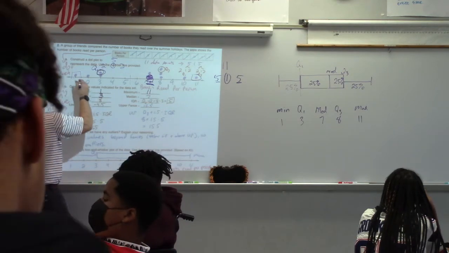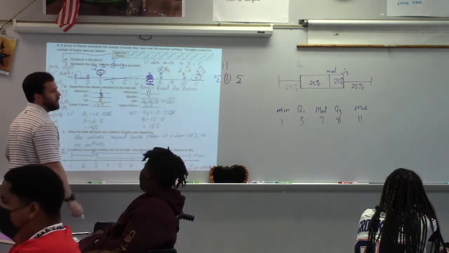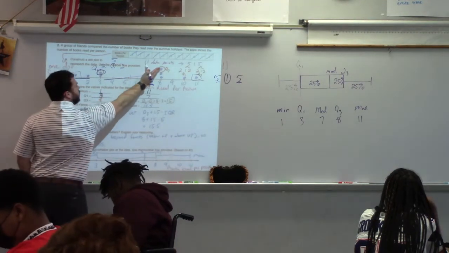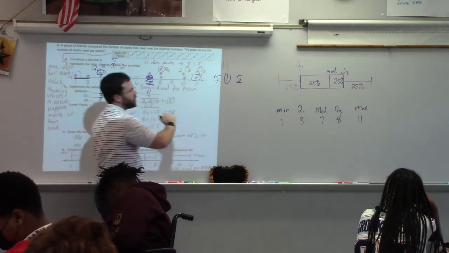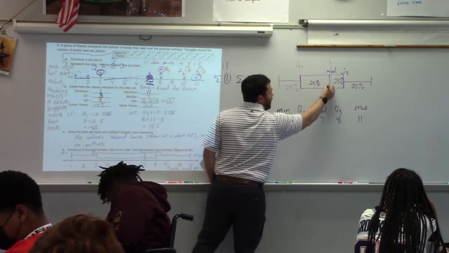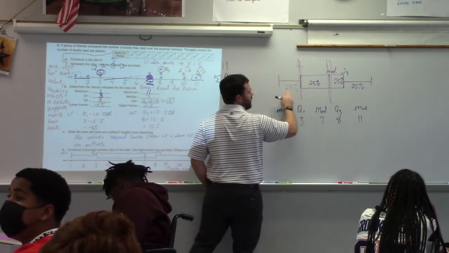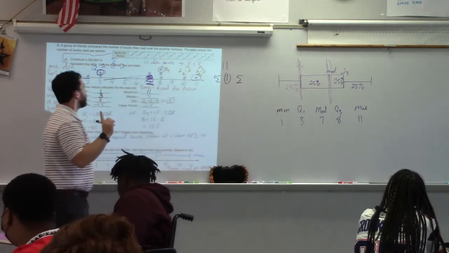So there's my 2 below, and here's my 2 above. I need the same amount on either side. So I ignore the median. I only look at the lower half of the data, because remember, that's what the first quartile does. If there's that 50%, the first quartile splits that 50% in half again. 25 and 25.